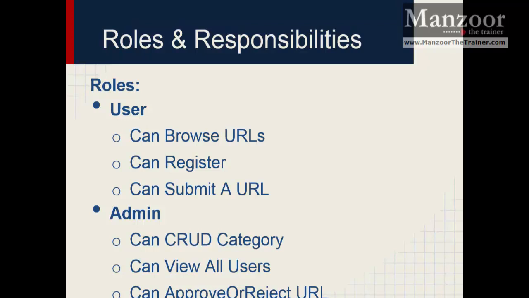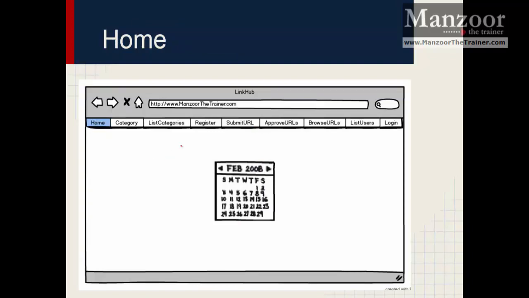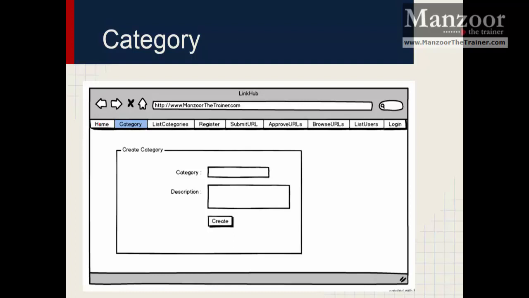Let's have a look. Home page, or you can say a dashboard with some kind of calendar that I want to show. Normally this home page is accessible by all the users, whether it is an admin or user or anybody. And so this is a common page. Next, category.